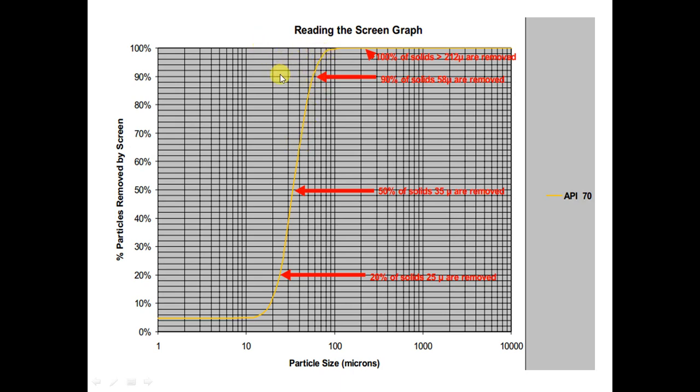For example, here 90% of the solids at 58 microns are removed. So when I say the D cut point, this means the size to be removed by the percent that is denoted below the D, as a subscript.